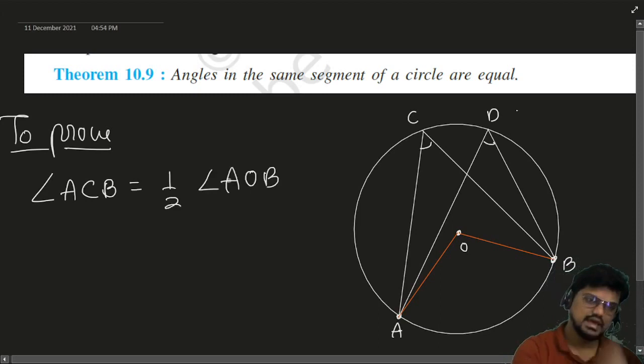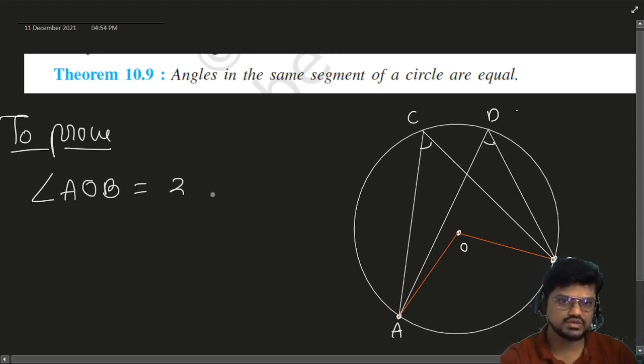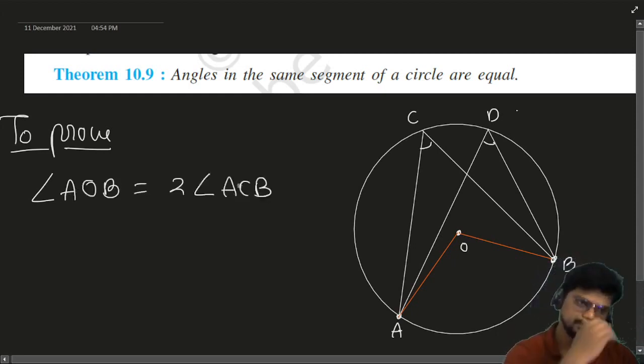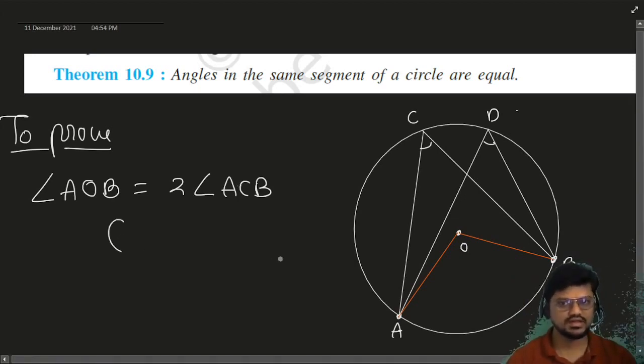Why? Angle at center or angle at the circle, or you can say like this also. Angle AOB equals twice of angle ACB. Why? Angle at center is twice the angle at any point on the circle. What is the reason? You have to write that statement.